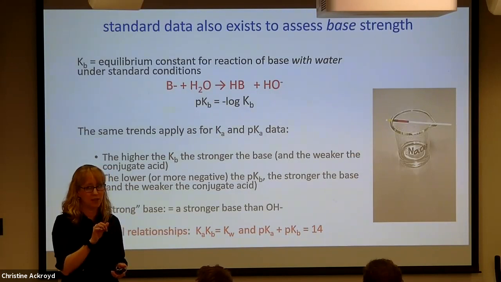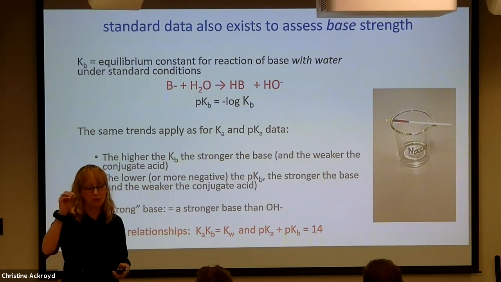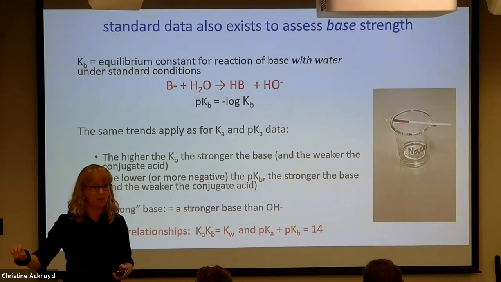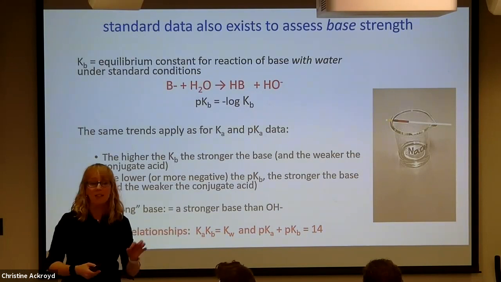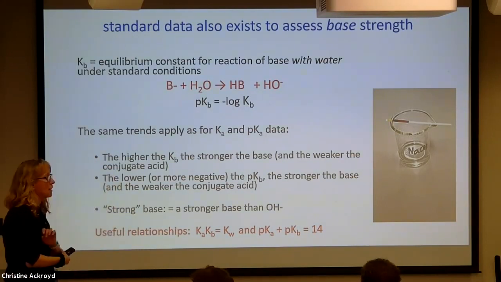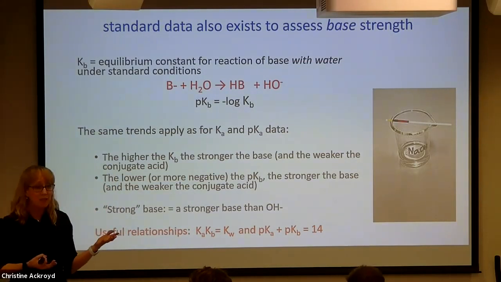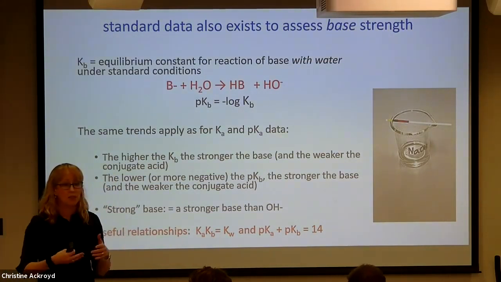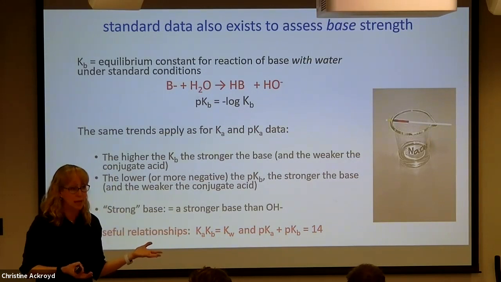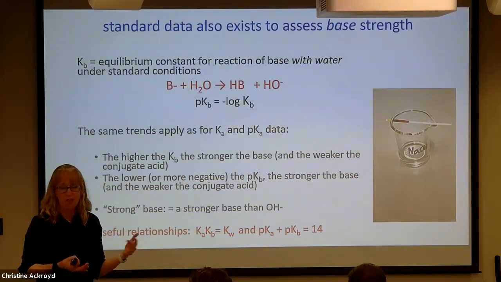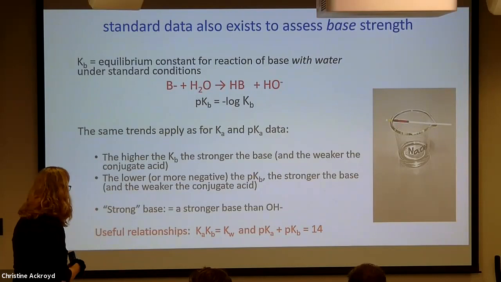That's also the trend for Ka values. I'll let you go home and chart that all out because it's a lot of things to hold in your head at once. You should be able to connect the strength of a base by treating it as the conjugate base in an acid-base reaction and looking up the values on the Ka table.